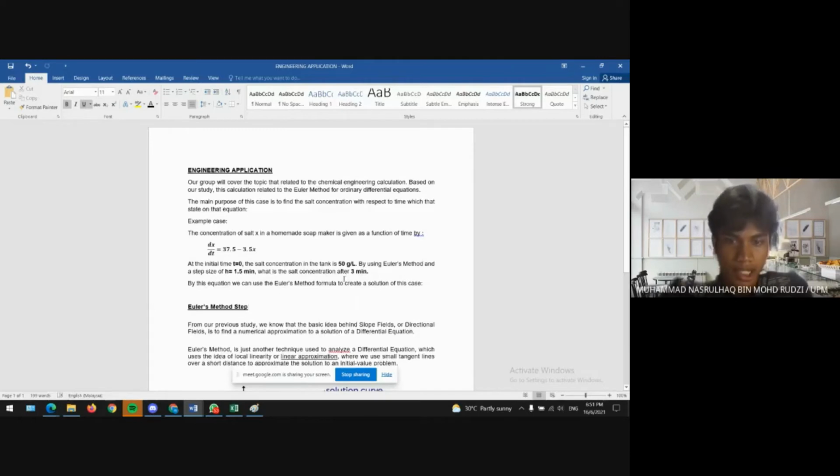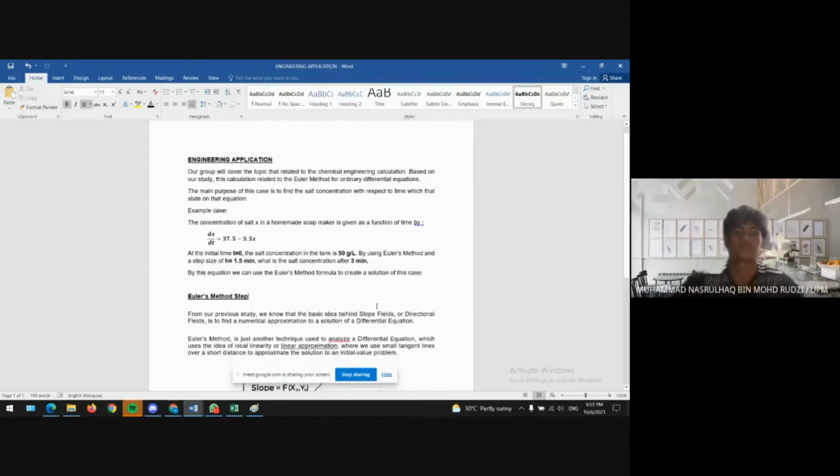For this case, we can use Euler's method with a step size of h equal to 1.5 minute. This case is only to find the salt concentration after 3 minutes. By this question, we can use the Euler method formula to create a solution for this case.